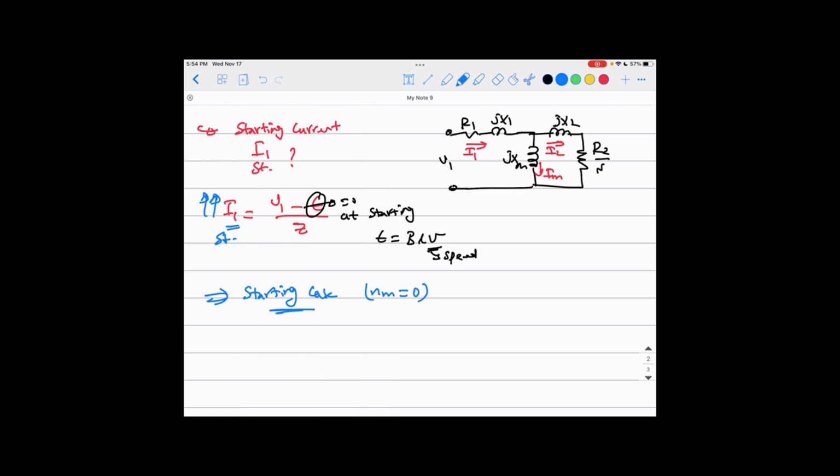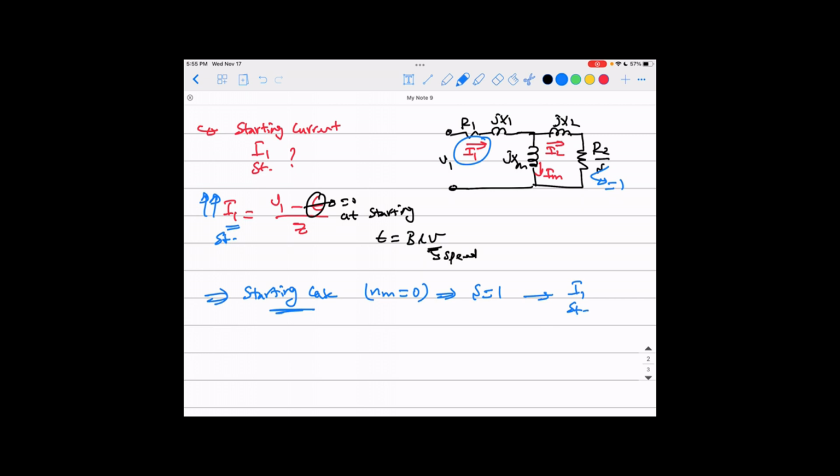So the speed equals 0, that means your slip equals 1. So just place this slip equal to 1 in the equivalent circuit and solve to find I1, and this will be your starting current.